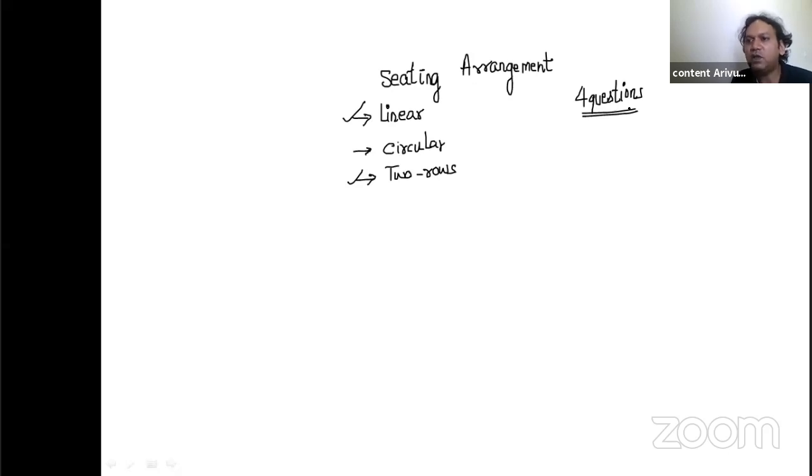Also in blood relations, we have some rules to learn regarding making a family tree and other such things, and in coding-decoding various types are there. But in this chapter, there's no such concept to memorize or learn at all. So it's all based on your IQ. It's completely IQ based, intelligence based, puzzle based questions.